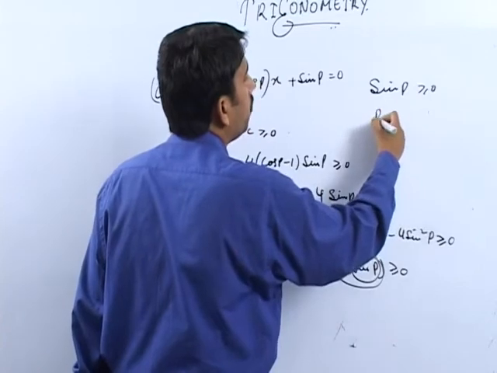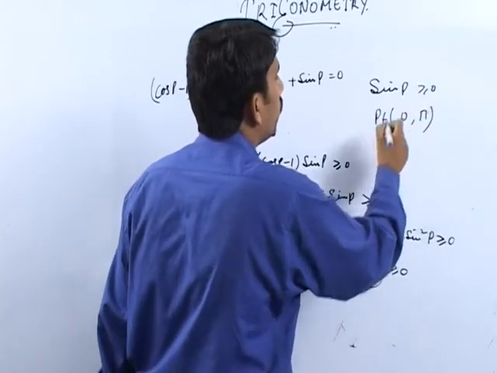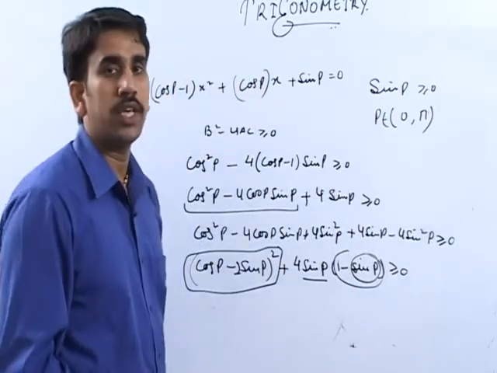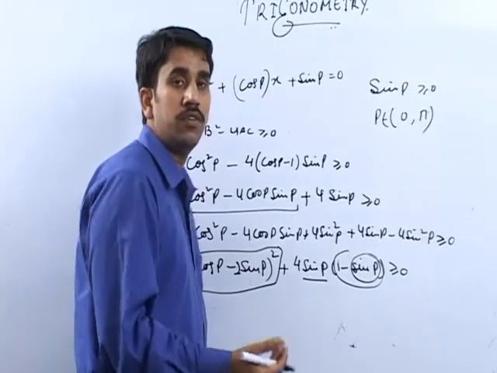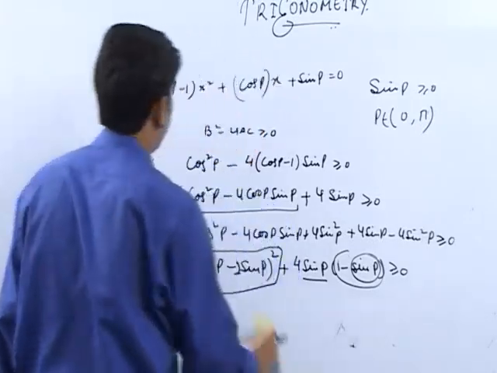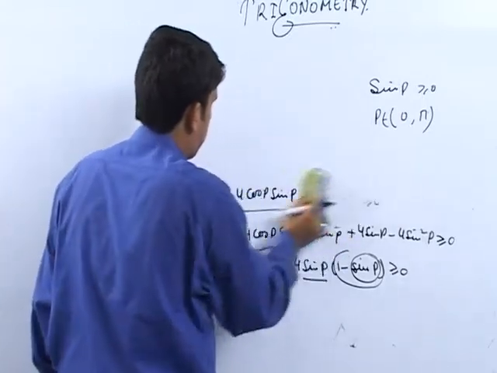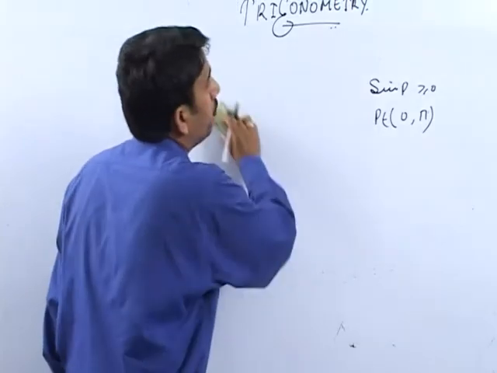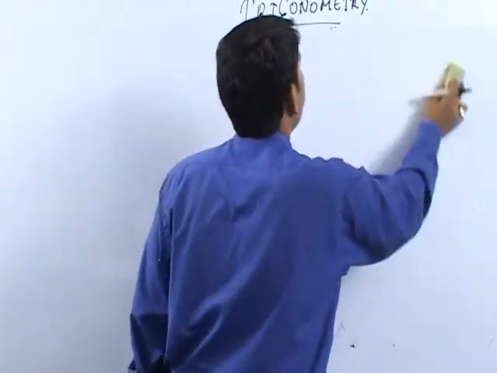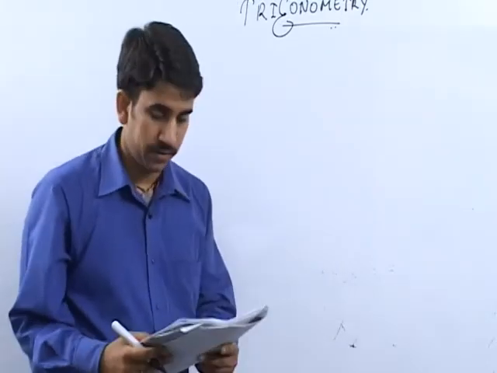Or you can say that p lies between 0 to pi, because we know that sin p is greater than or equal to 0 when p lies between 0 to pi, that means in the first quadrant and second quadrant. Therefore your answer will be 0 to pi. If p lies between 0 to pi, then this will satisfy the given equation.